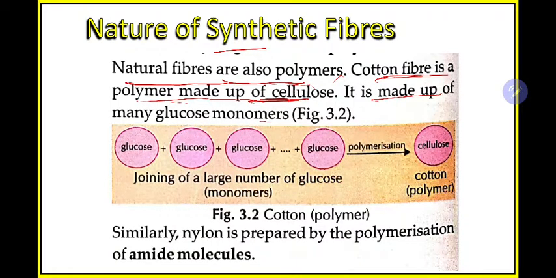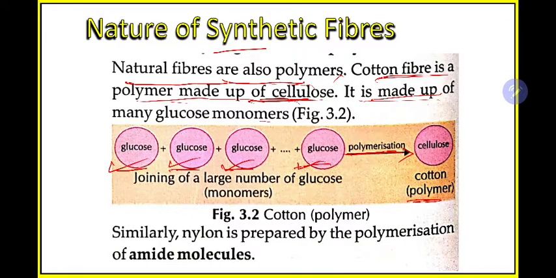Cotton fiber is a polymer made up of cellulose. So in the cotton plant, the fibers are made up of the cellulose chemical. Okay, how is the cellulose made? When a number of glucose units join together. See, 1 glucose, 2 glucose, 3, 4, and they are going through the process of polymerization. What is polymerization? The process in which a reaction happens and these small units join together is known as polymerization.